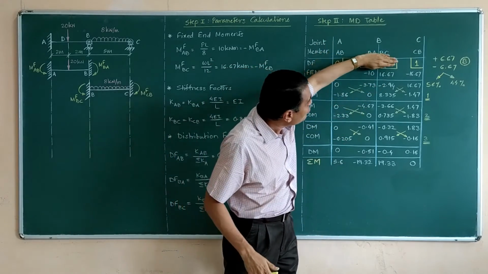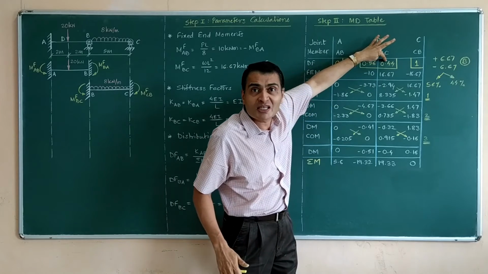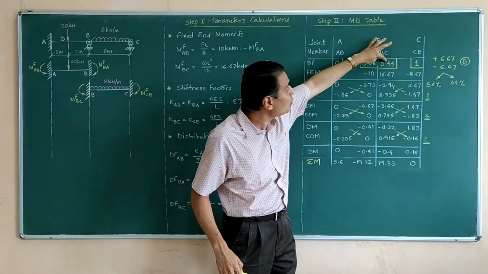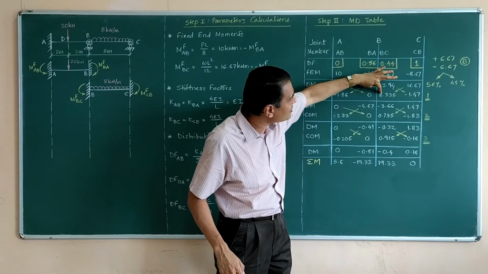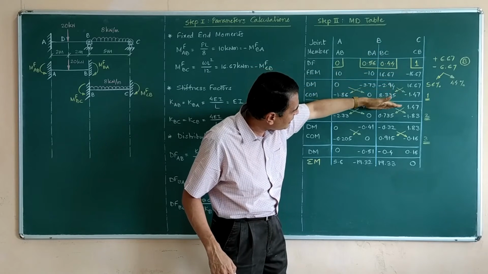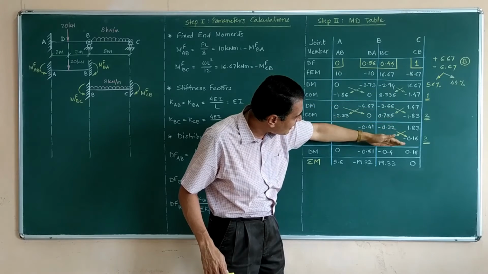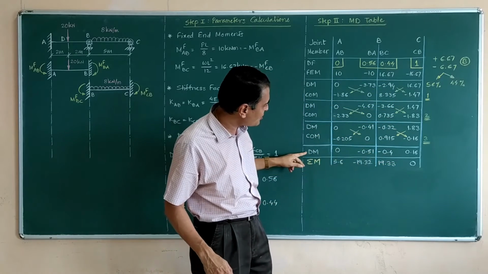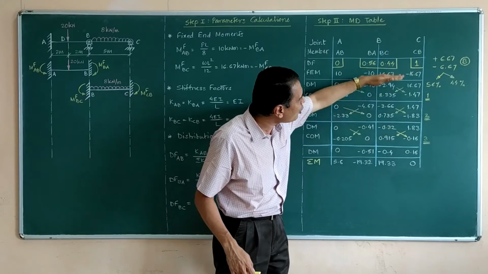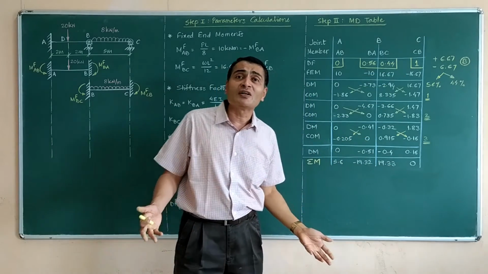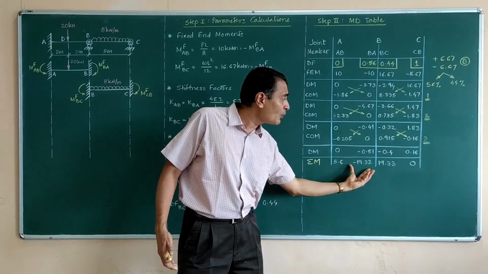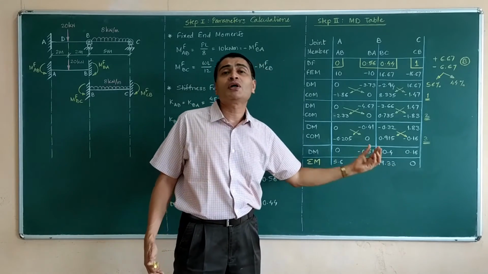So not including this particular figure, be careful about that. 16.67 minus 2.94 plus 8.335 minus plus minus plus minus up to these last distributed moments, you add all these figures, you are getting 19.33. Negative 19.32, positive 19.33.